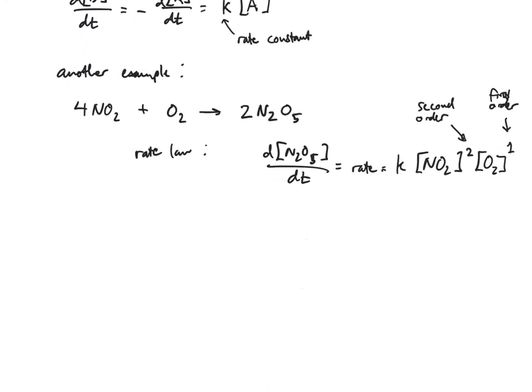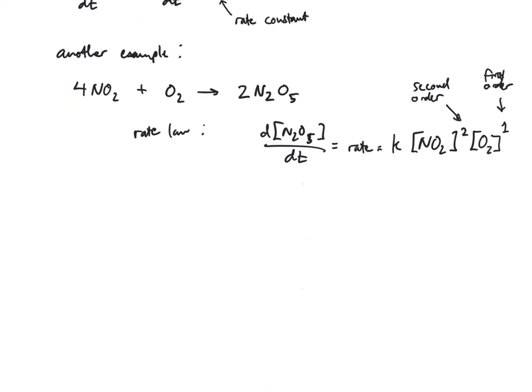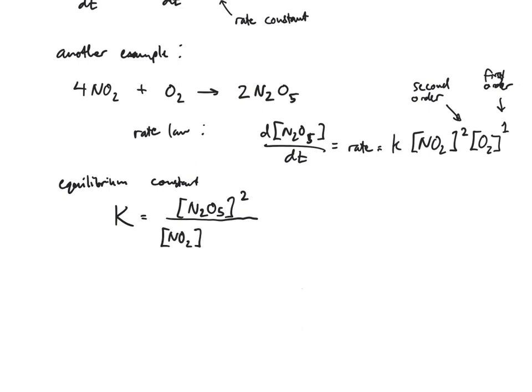Now, final note on this particular reaction, let's compare it to the equilibrium constant expression. And remember, that's big K. The equilibrium constant expression would have the products on top, N2O5. We can express it as a concentration. It's going to be to the second power. And then we have the reactants on the bottom, NO2 to the 4th power and O2 to the 1st power.